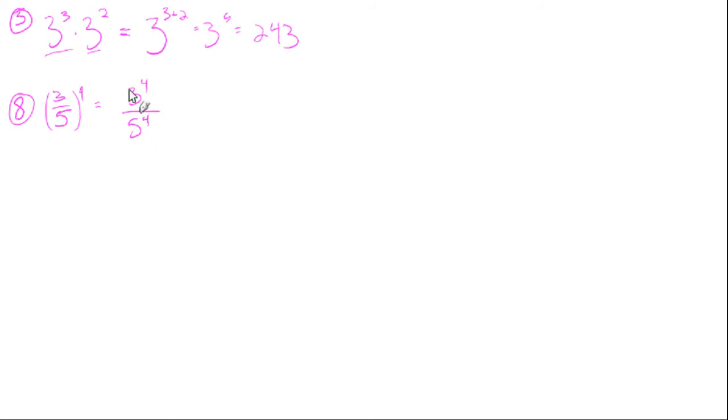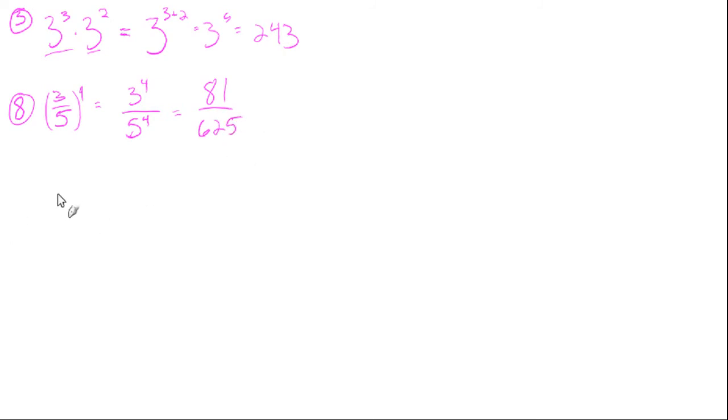Okay, and it would be really great for you if you understood not just that you can do it and how to do it, but why you can just give 3 and 5 their own exponents of 4. So watch the intro video if you haven't, or if you don't understand why this works. But 3 to the 4th will turn out to be 81, and 5 to the 4th is 625, and that's it.